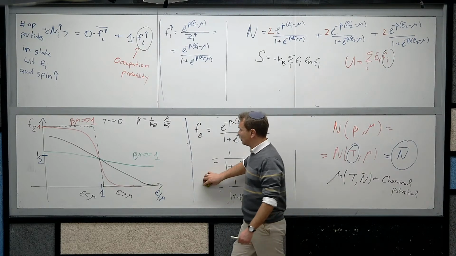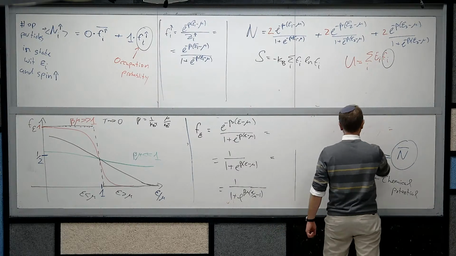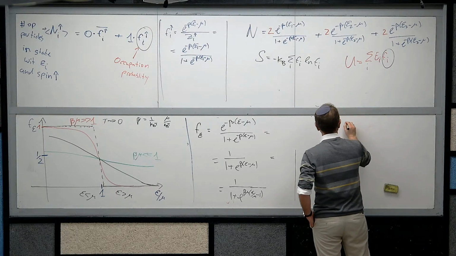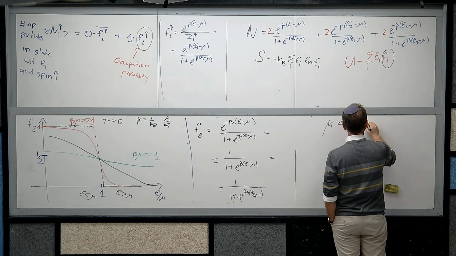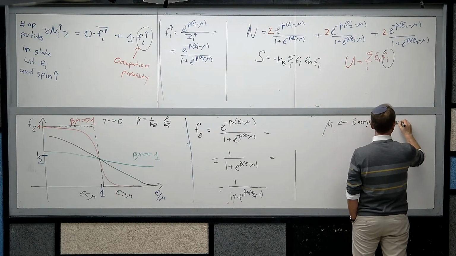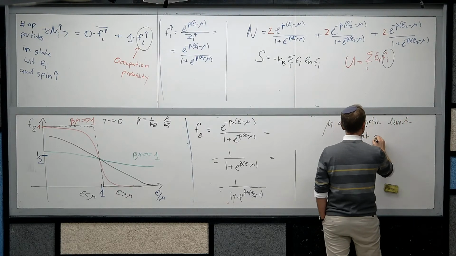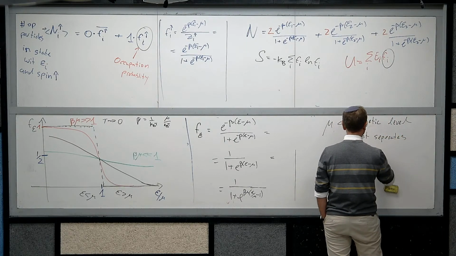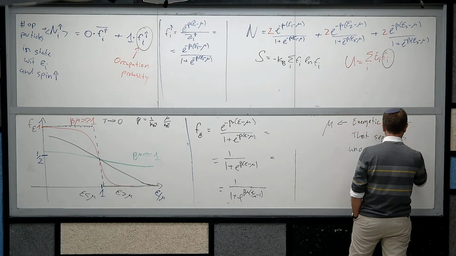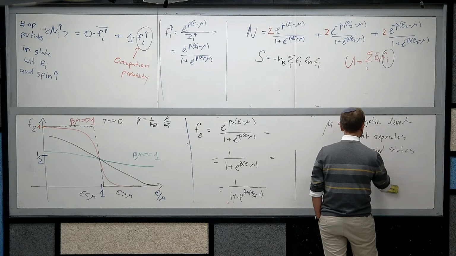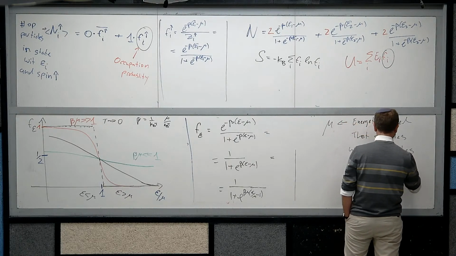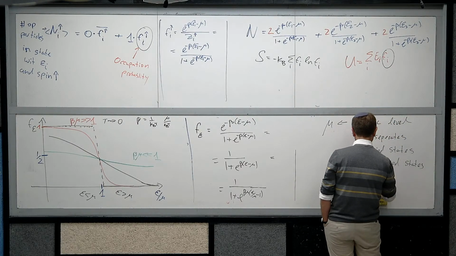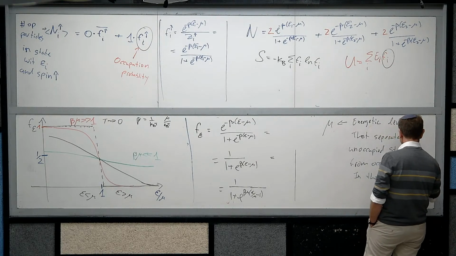So mu is the energetic level that separates unoccupied states from occupied states in the T goes to 0 limit.